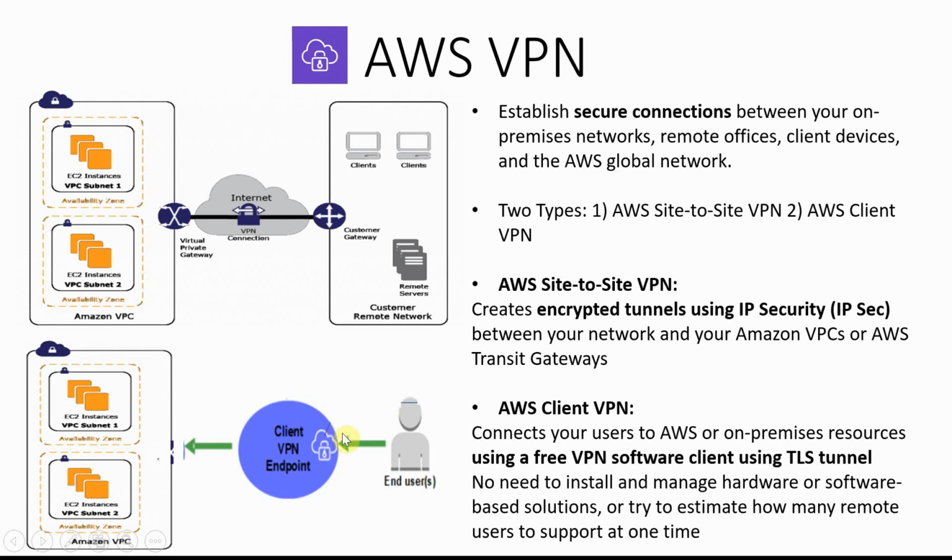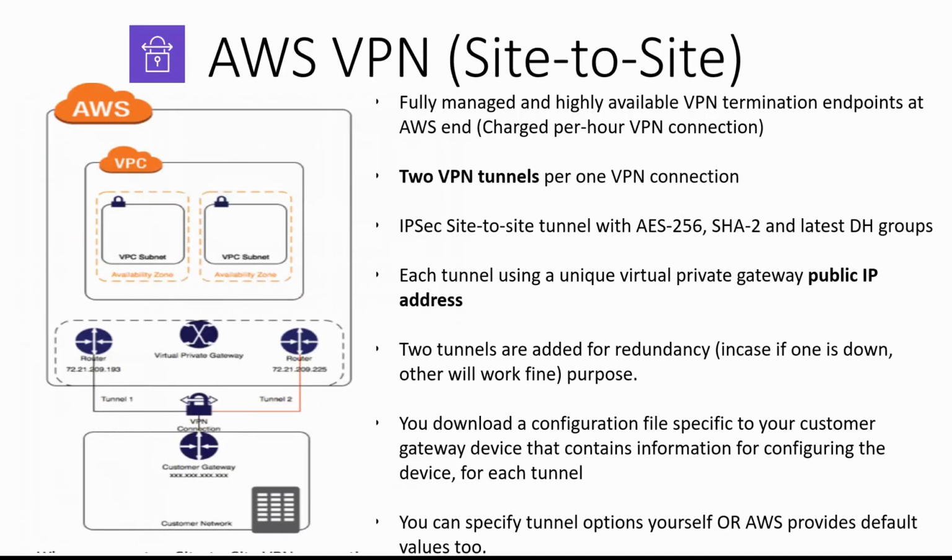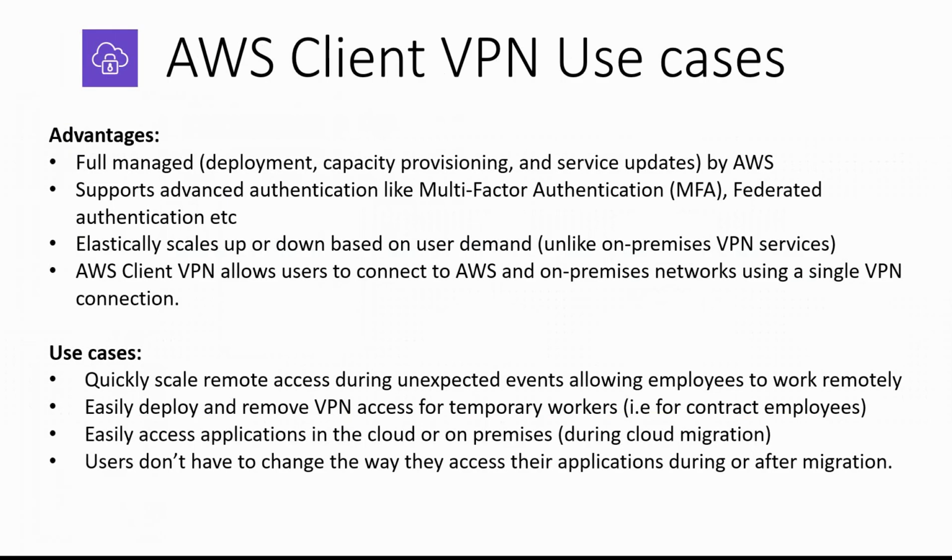So it has integrations to all those internal systems as well. Basically, you don't need to create a new user ID and password. You can use your existing LAN ID and password, for example. So all integrations are possible with this client VPN.